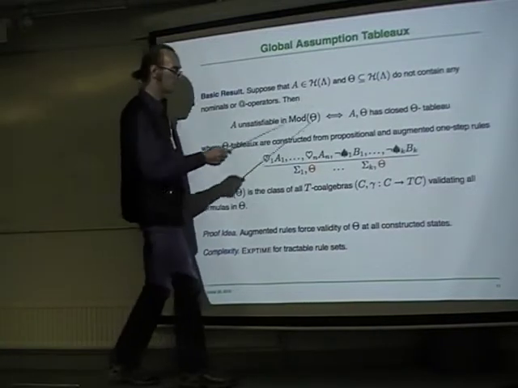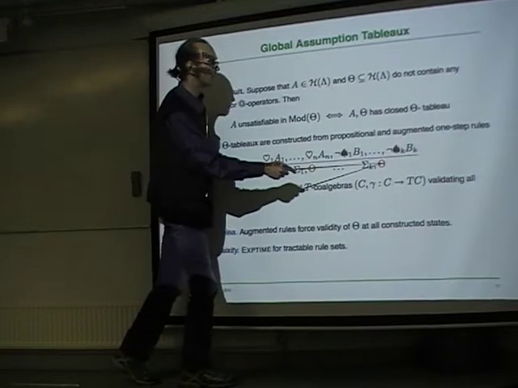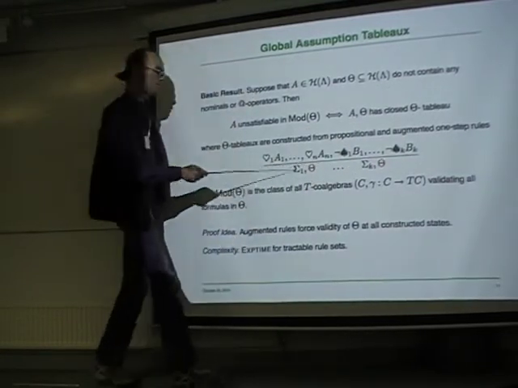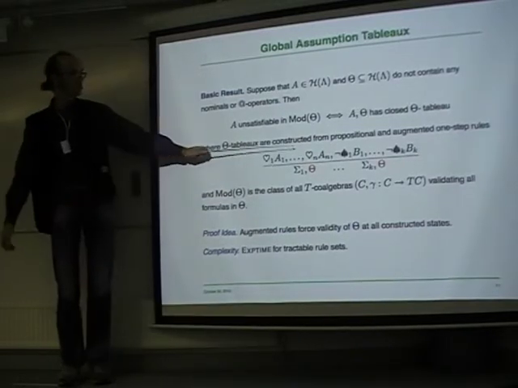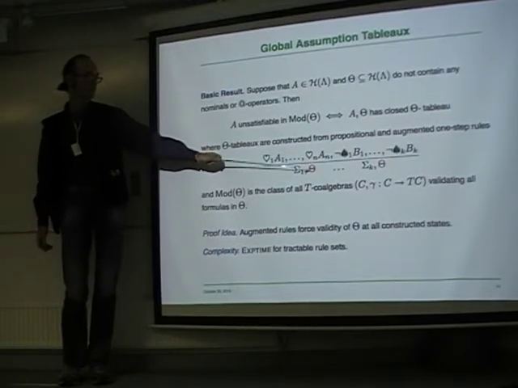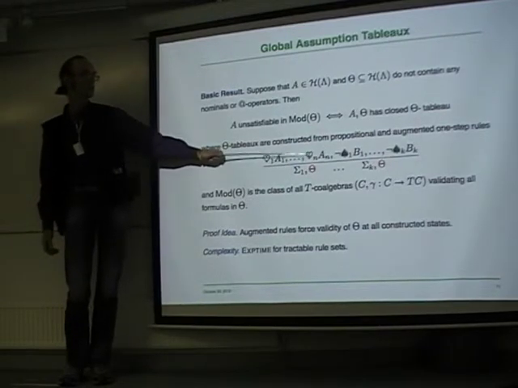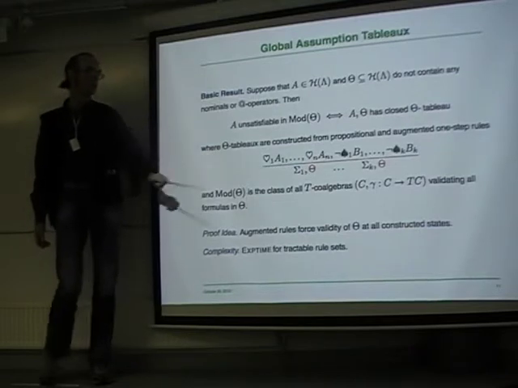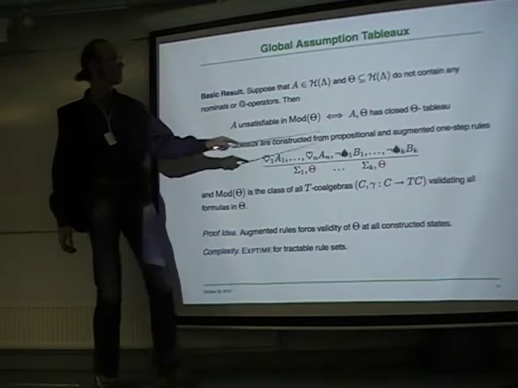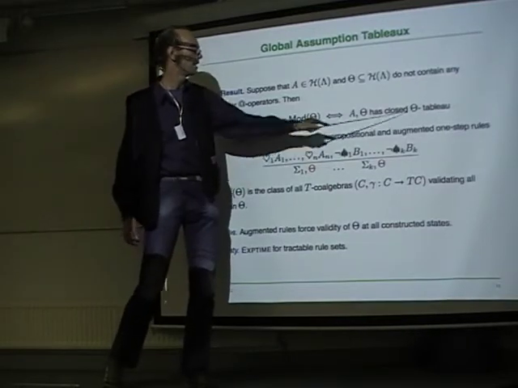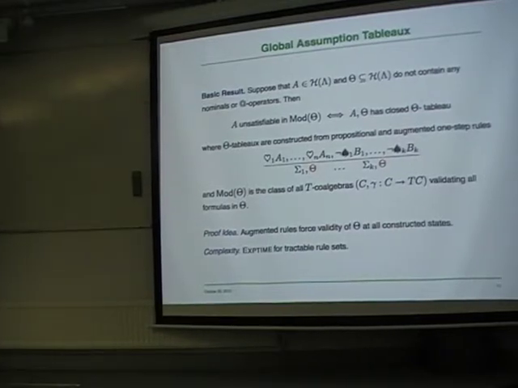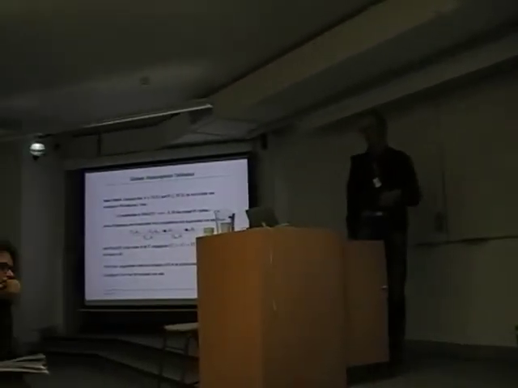Namely, we need to add the background knowledge to every point intuitively. So what this rule does is it performs a state jump. It goes from successors to states. In order to satisfy this successor property, I need to create a state. This state needs to validate all the global assumptions, so they're just added to each conclusion.